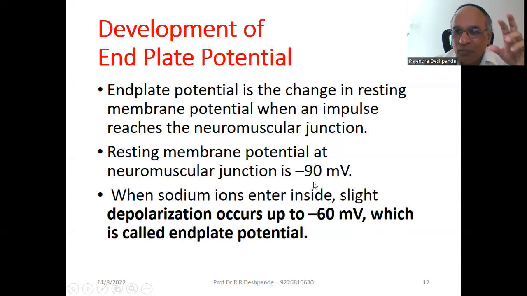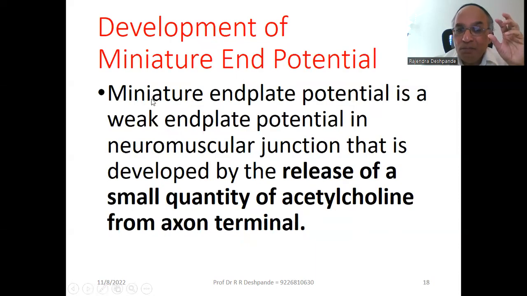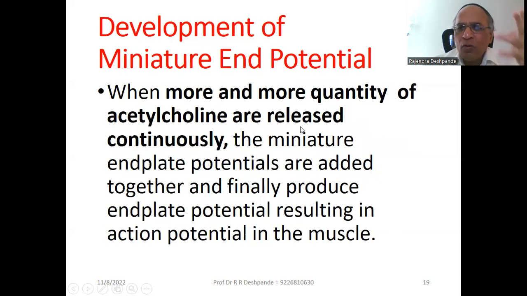Now, the miniature end plate potential is a weak end plate potential in the neuromuscular junction that is developed by the release of a small quantity of acetylcholine from the axon terminal. This is the main reason why the end plate polarity has been changed. When more and more acetylcholine is released continuously, the miniature end plate potentials, one after another, will be added.